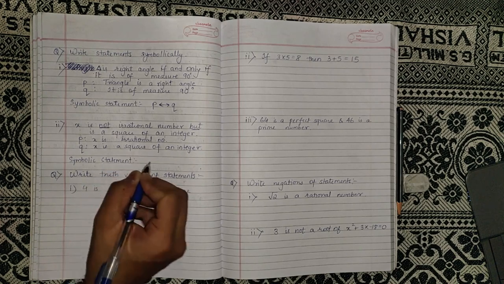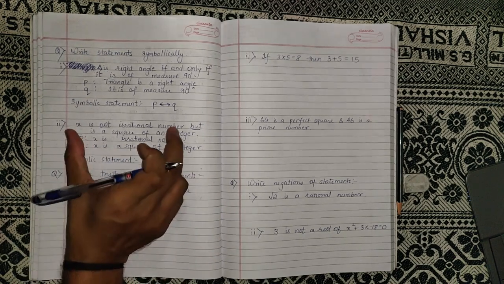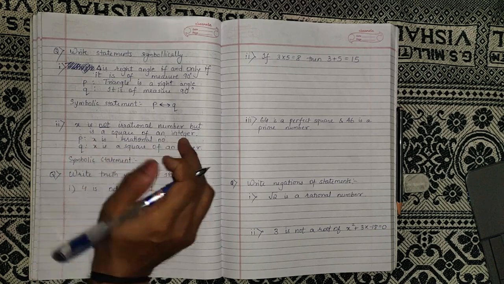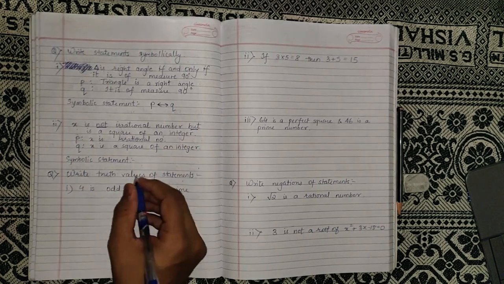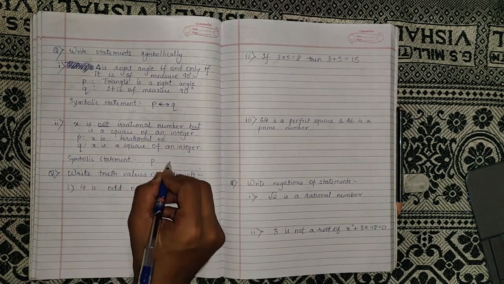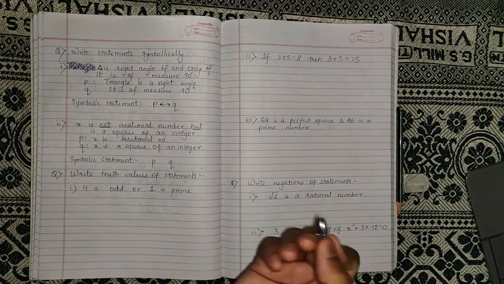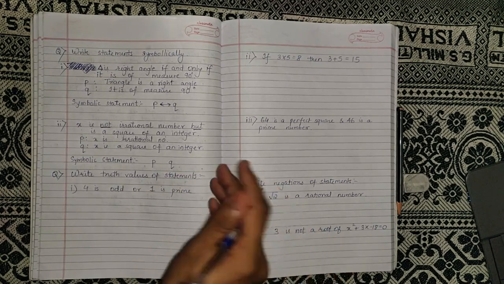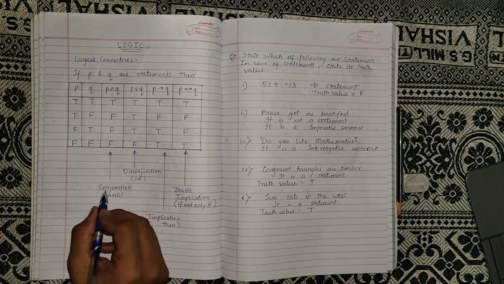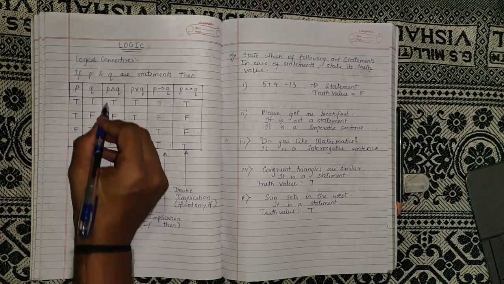Now, as you know, the first statement and second statement are connected with but. But means and, so we can use the sign of conjunction, that means this.